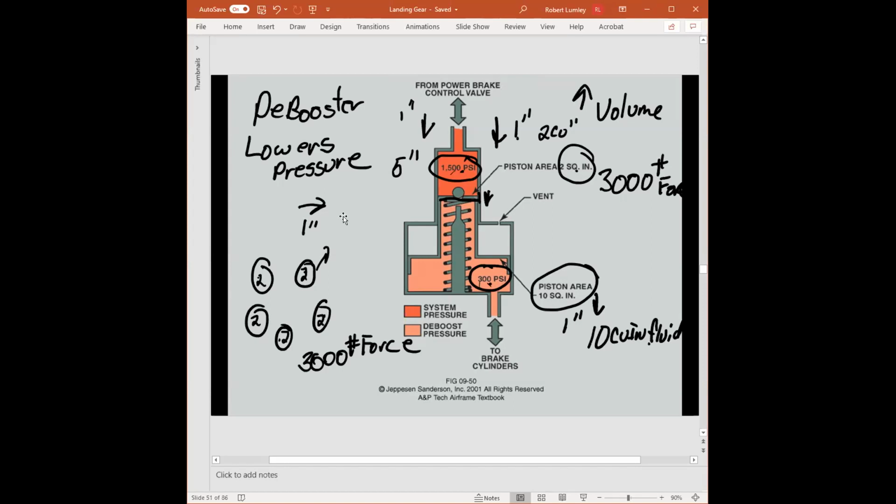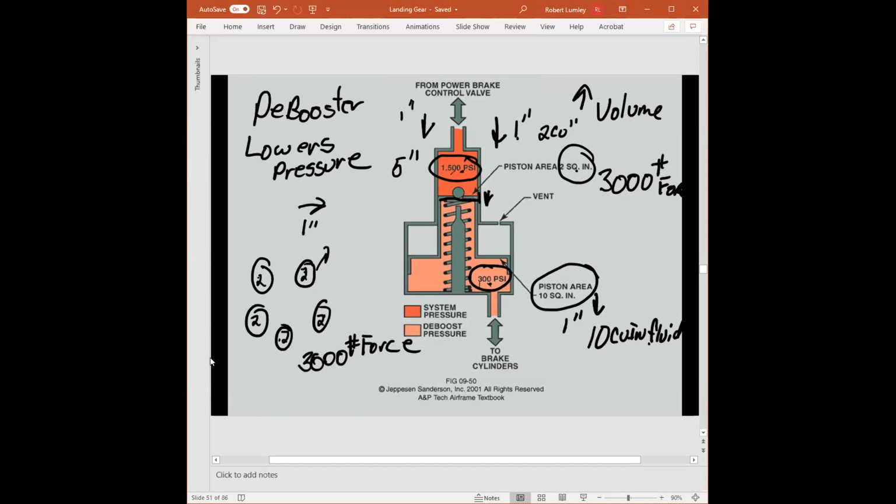There's other: debooster valves are used in brake systems primarily, and they reduce the pressure and release the brakes rapidly. Personally, I like answer C, which is ensure rapid application and release of the brakes. Yes, it reduces the pressure, but it reduces the pressure to increase the volume. You see what I'm saying?